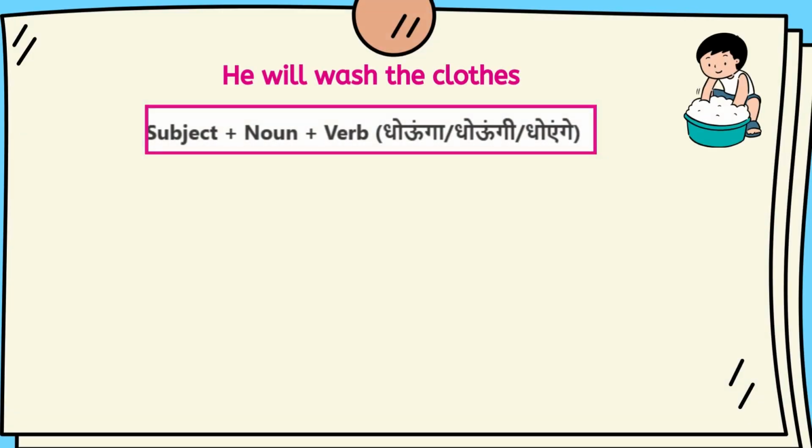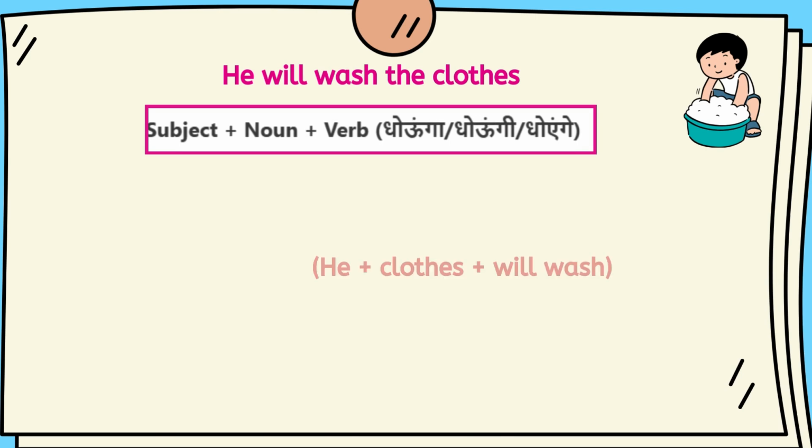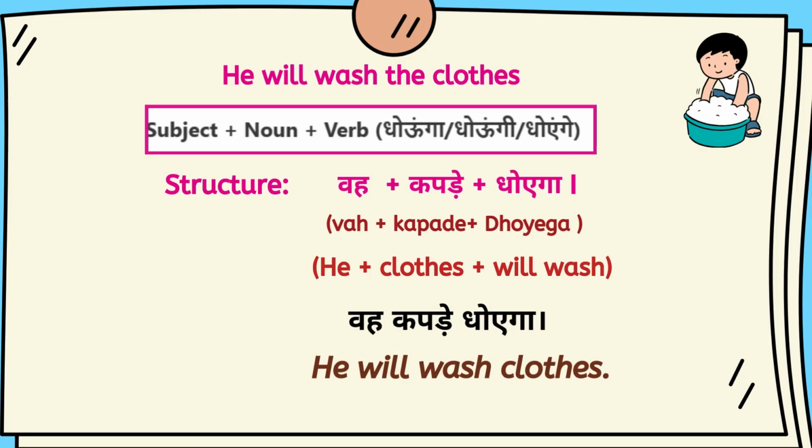Let's continue with one more example. He will wash the clothes. Now can you think how it will turn out to be? Okay, let's do it together. He again becomes वह. So वह stands both for he and she. Now कपड़े is clothes.